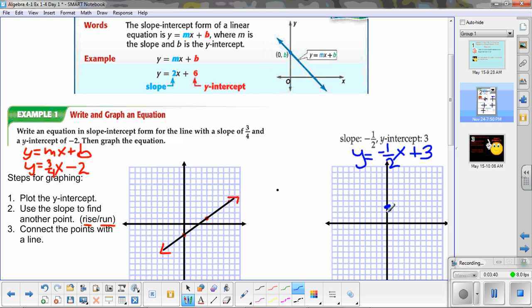Remember, for a negative slope, you only move in a negative direction once. If you move in a negative direction twice, you will actually end up graphing a positive slope. So down 1 and to the right 2, down 1 to the right 2. Go ahead and connect that with a line. Arrows on the ends.